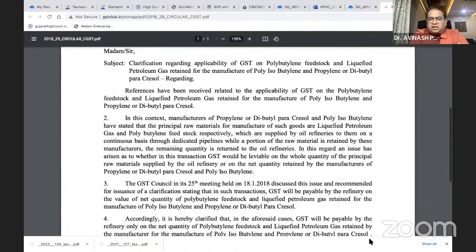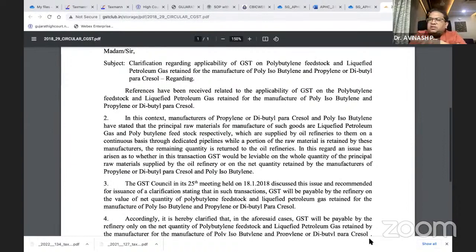In this regard, an issue has arisen as to whether in this transaction GST would be leviable on the whole quantity of the principal raw materials supplied by the oil refinery, or the net quantity retained by the manufacturers of propylene or dibutyl paracresol or polyisobutylene.